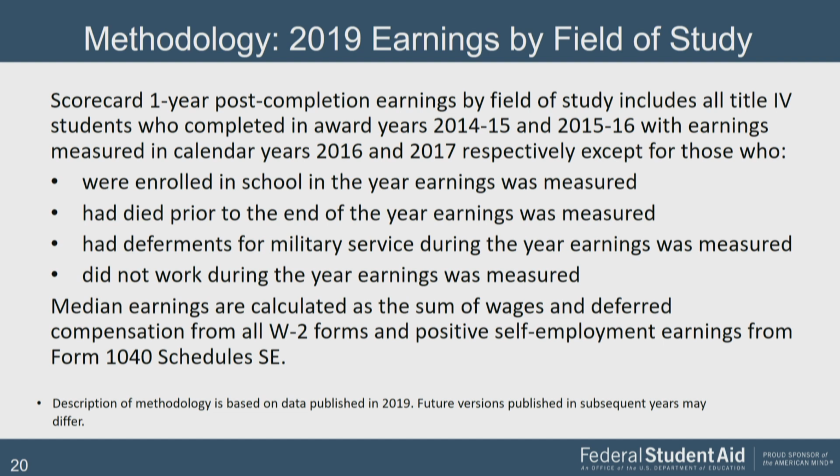So just to drill in a little bit more on what we've released in 2019 for earnings by field of study, this is, as I mentioned before, the 1-year post-completion earnings, and it includes all the Title IV students who completed in 14-15 and 15-16, measured 1 year later.